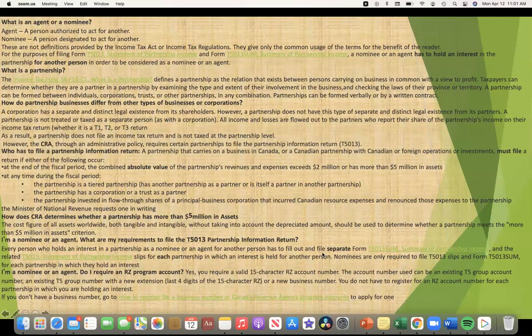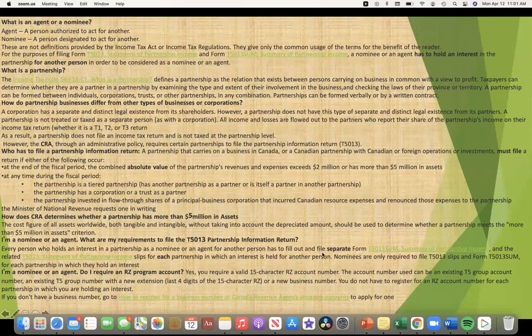Number one, at the end of the fiscal period, the combined absolute value of the partnership revenue and the expenses exceed 2 million or has more than 5 million in assets at any time during the year. And the partnership has a corporation or a trust as a partner, and the partnership is a share partnership.